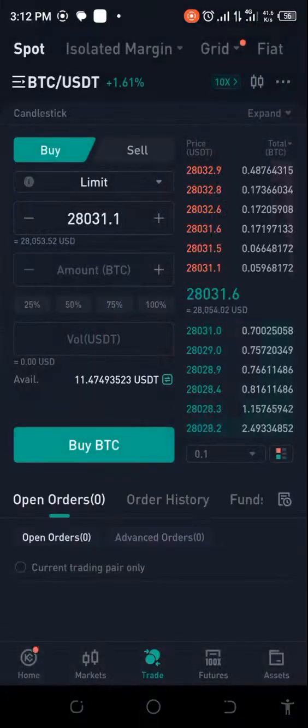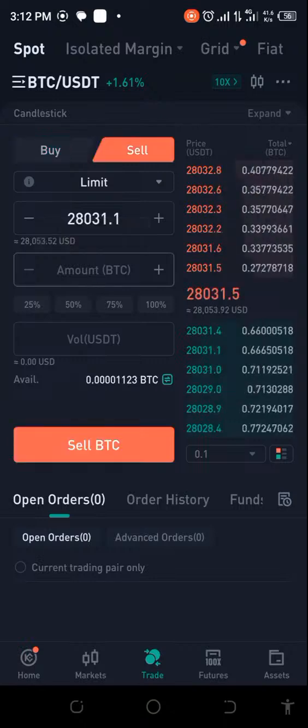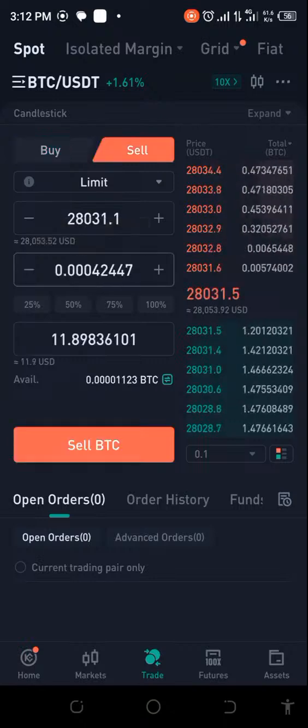Not sure. So let me come over here and sell and see how much I'll get. A little bit less than 11.92, but it's 11.89. We're still in profit. So let's go ahead and get this started. When we get to that road, we'll see what we can do. Worst case, we have an escape route. We might just go with the boomerang strategy. Like I always tell you, you must always have a plan B. So let's go ahead and start with this.